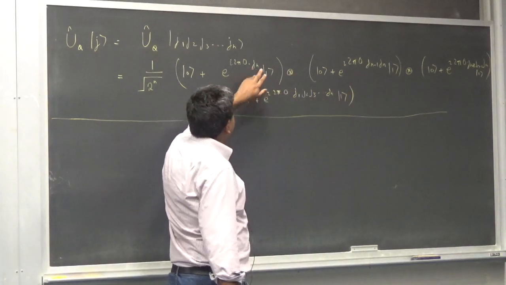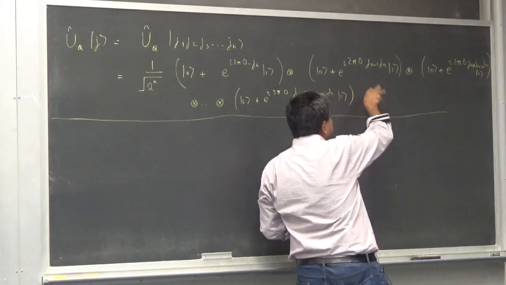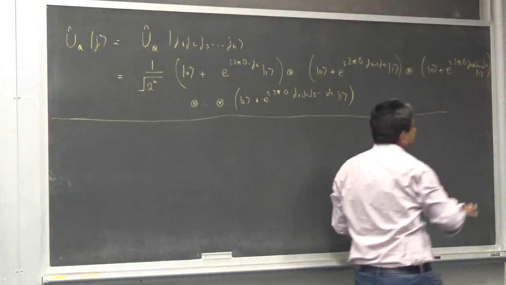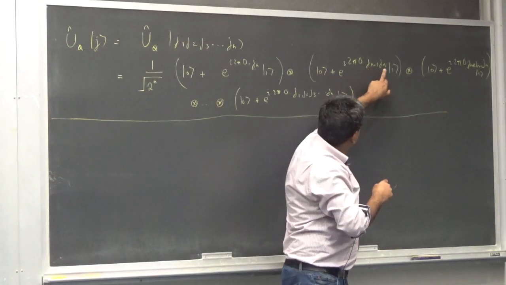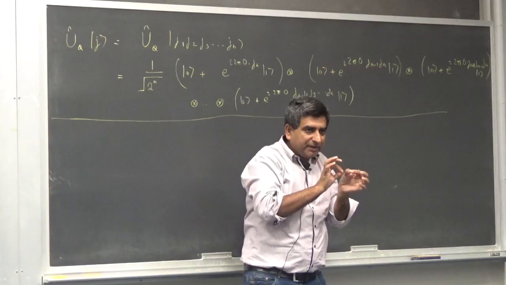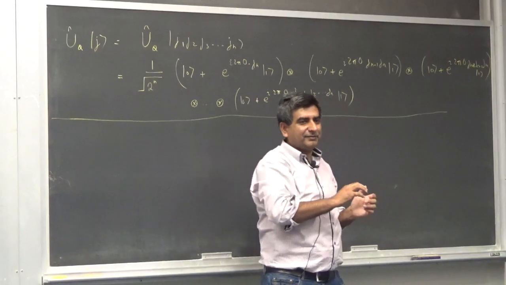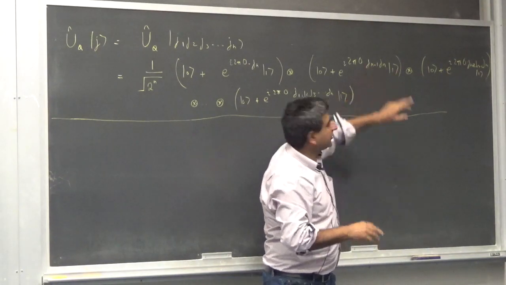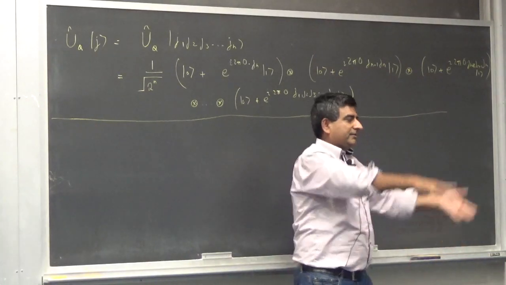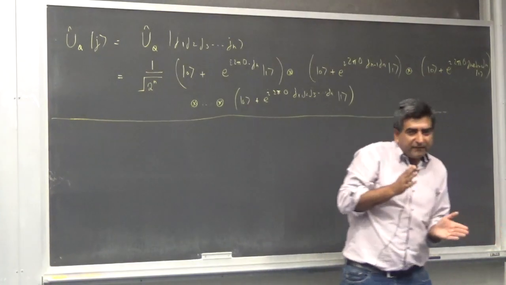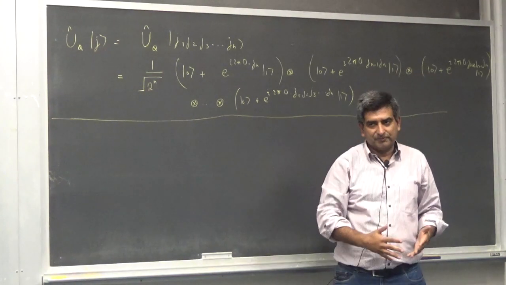This phase is large. This is a finer correction to the phase. This is an even finer correction because you're putting in more digits after the dot, which means you're successively dividing by bigger and bigger numbers. The first position after the dot represents dividing by 2, the second position dividing by 4, then by 8, then by 16. So you're making finer and finer adjustments to your phase as you go along.